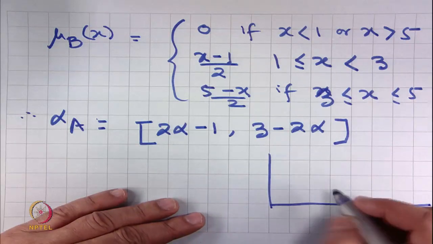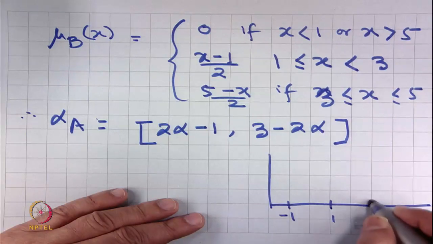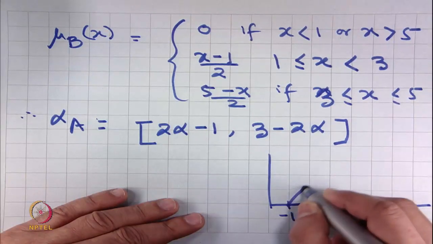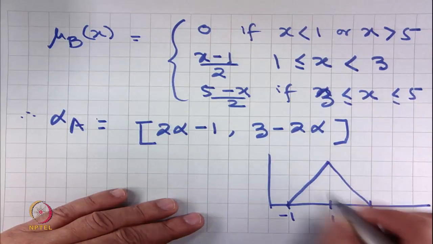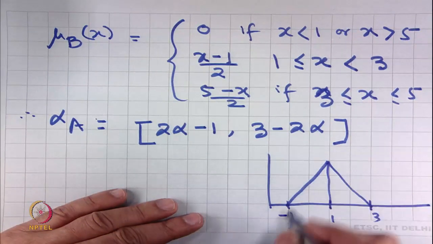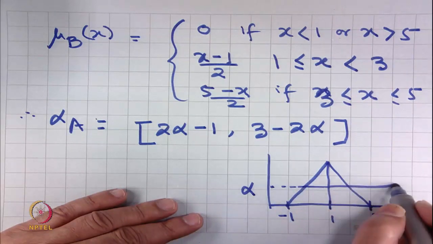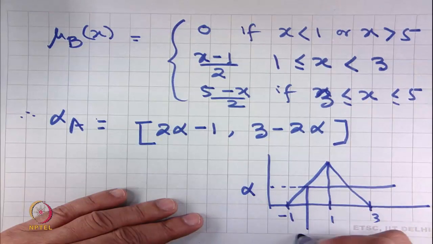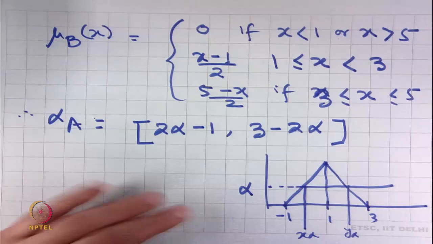Our A is (-1, 1, 3), so this is the shape of A. For any alpha, I am looking at x alpha and y alpha.